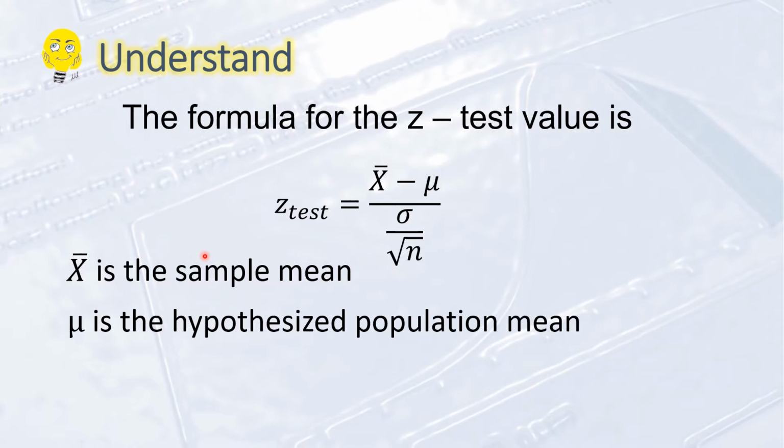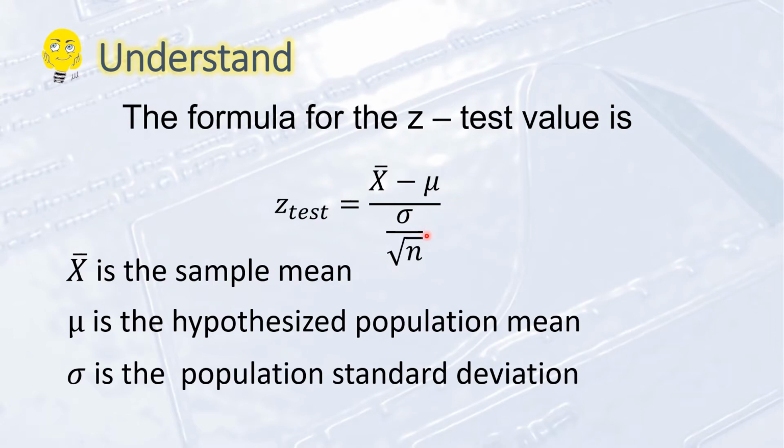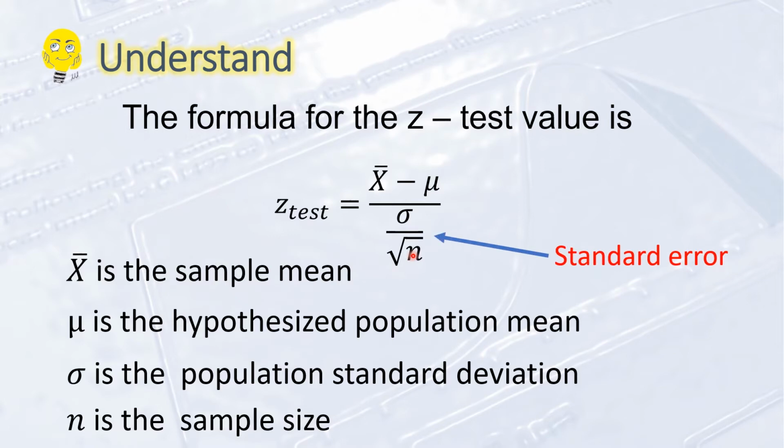Mu is the parameter, or this is the population mean, and based from the general formula, this is our expected value. Lowercase sigma is the population standard deviation, and n is the sample size. Based on the general formula, lowercase sigma over the square root of n is our standard error.